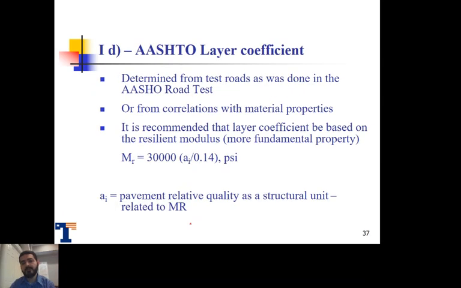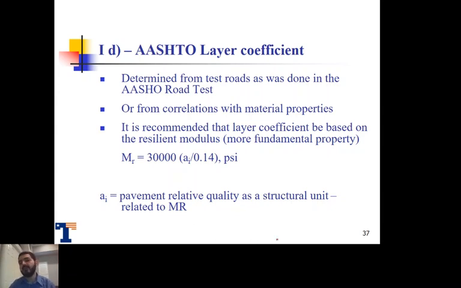Last thing I want to mention before I let you go for this lecture: in case you can't do a triaxial test, you cannot do CBR, neither an R value test, there are also the AASHTO layer coefficients that were determined from the road test based on the AASHTO tests. Those are basically correlations from material properties developed back in the 90s.